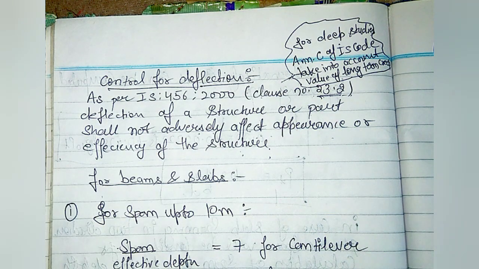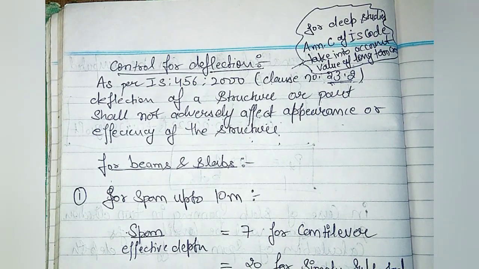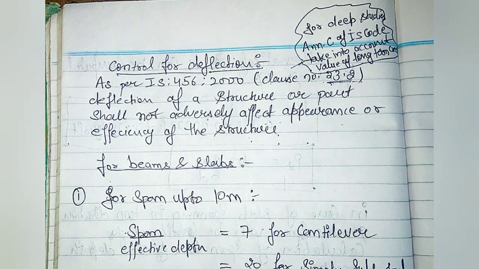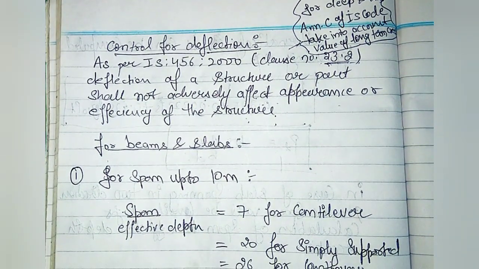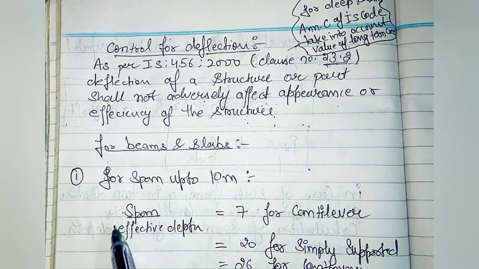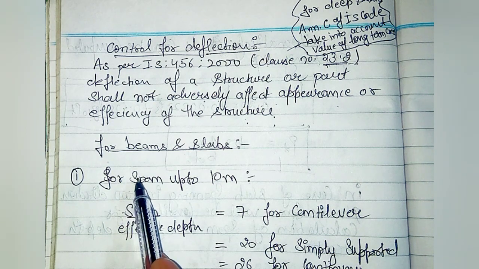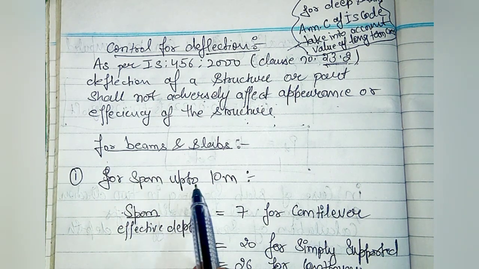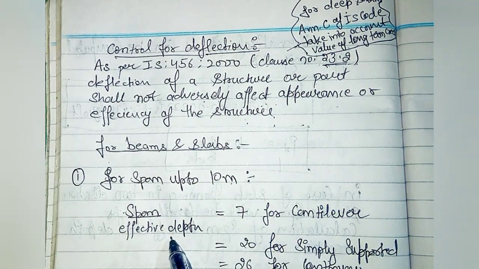Here we are going to discuss the deflection control for beams and slabs first. When you design a beam up to a span of 10 meters, first of all we check the span to effective depth ratio.